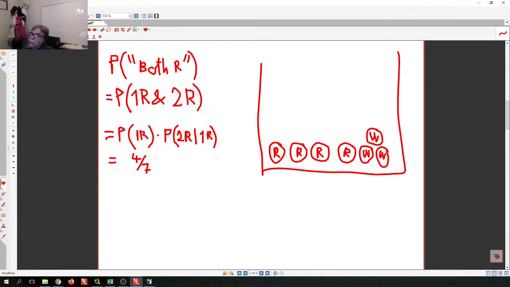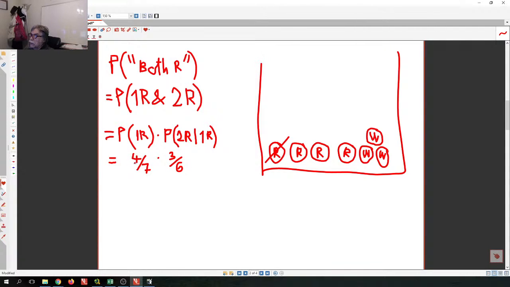Okay, the second question is now about this probability. Well, it's easy. If the first is red, that means this one is out. You have 3 red and 3 white, so this is going to be 3 out of 6. I could have said 1 out of 2, which is the same thing.